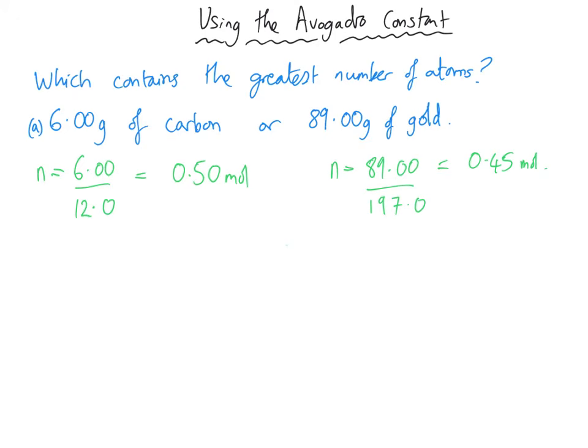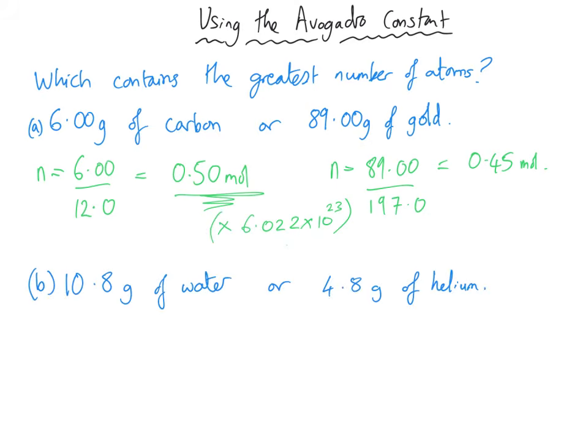So the answer here is carbon will contain the greatest number of atoms because it's got a greater number of moles. To find out precisely how many atoms there are, we would multiply this number of moles by Avogadro's number, but that's not what we've actually been asked to do here, so there is no requirement to do this, but that's how we would find the actual number of atoms.